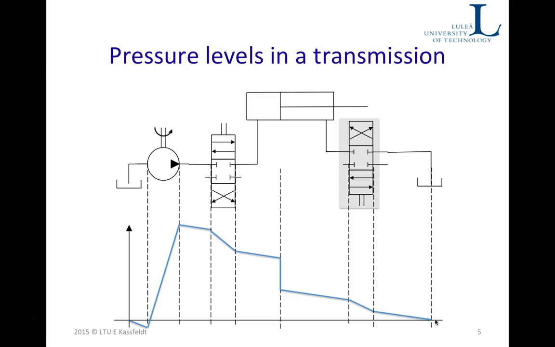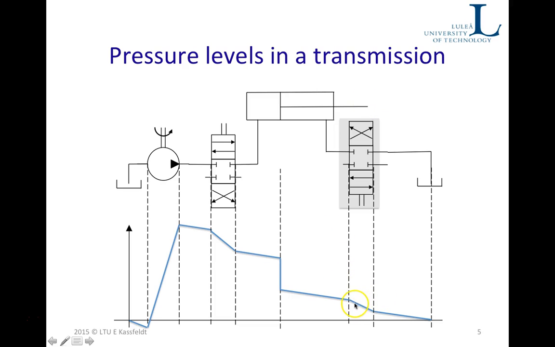So this is the pressure variation we can see if we go from the pump through the whole system and back to the tank again. And the useful pressure drop, that is what we can see here, what corresponds to the pressure difference that is caused by an outer load.